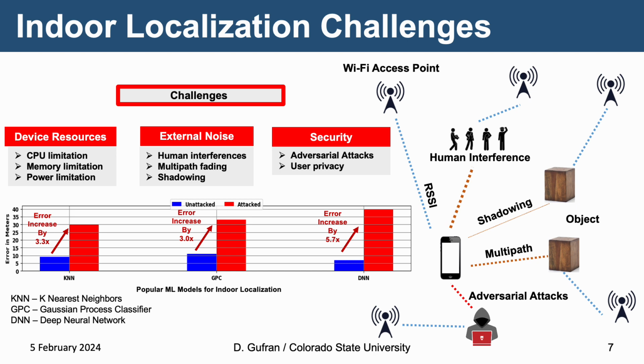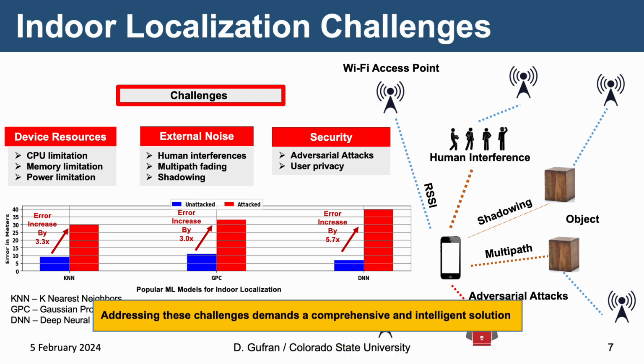The presence of adversarial attacks significantly diminishes the localization accuracies of all models. In conclusion, addressing the myriad challenges faced by today's real-time indoor localization systems requires a comprehensive and intelligent solution.